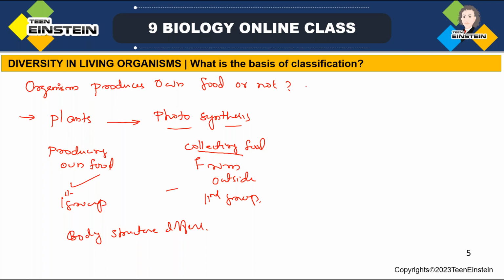The organisms which are producing their own food, through which process? Photosynthesis. Which organism can do that? Plants.